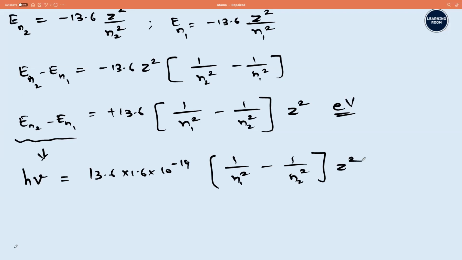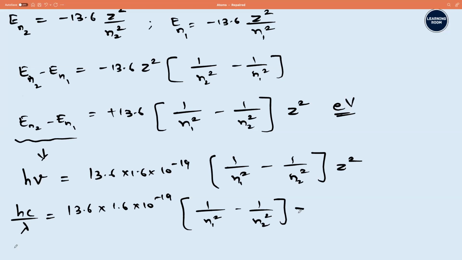Am I clear with this? Now, h into nu can be written as hc by lambda. So hc by lambda is equal to 13.6 into 1.6 into 10 power minus 19 into 1 by n1 square minus 1 by n2 square into Z square.